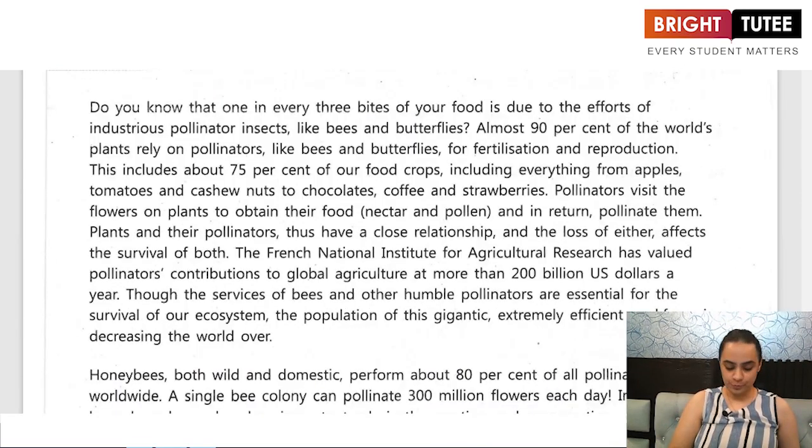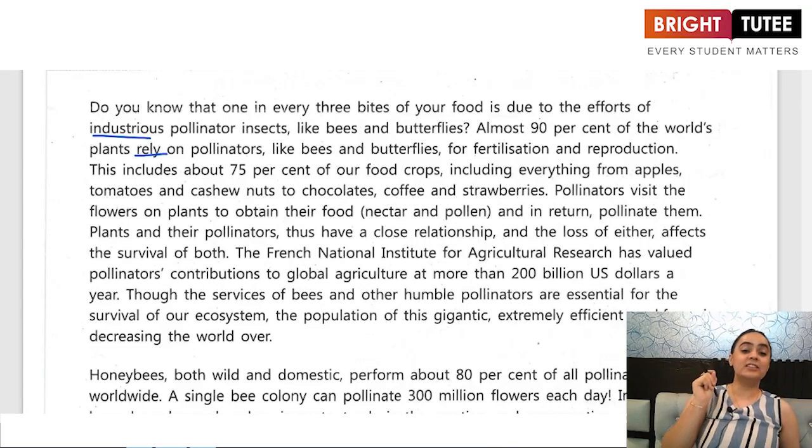Do you know that 1 in every 3 bites of your food is due to the efforts of industrious pollinator insects like bees and butterflies? Almost 90% of the world's plants rely on pollinators like bees and butterflies for fertilization and reproduction.